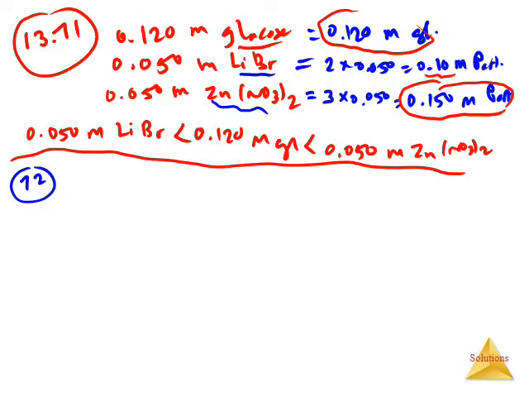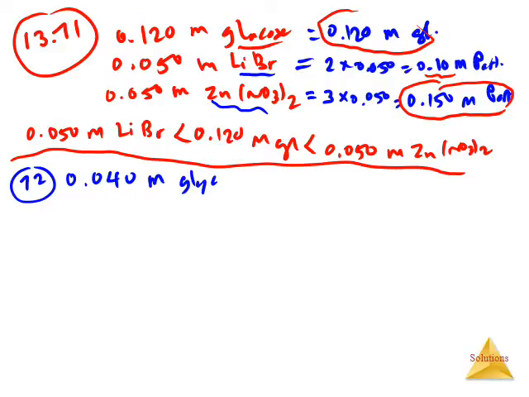The first compound is 0.040 molal glycerin. That's an organic compound and it doesn't break down. It's primarily the ionic compounds that break down in water.